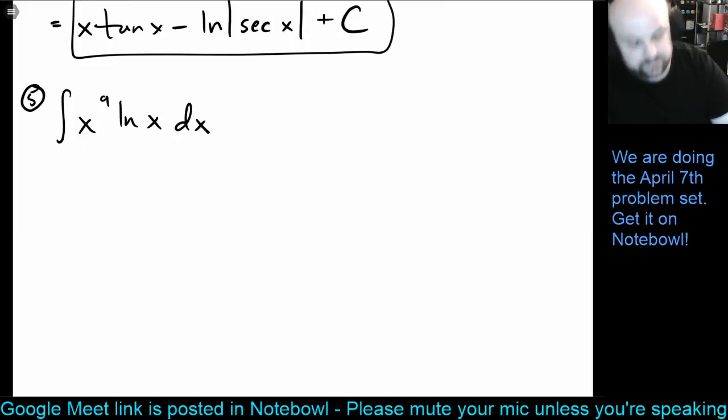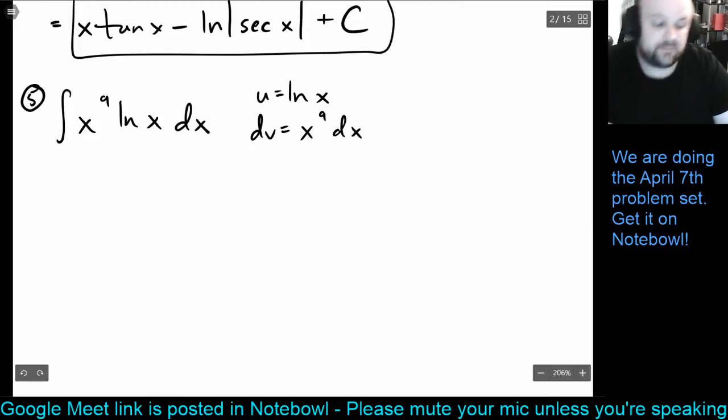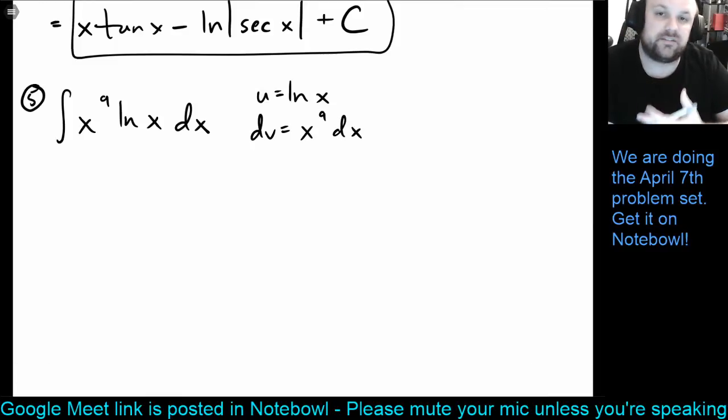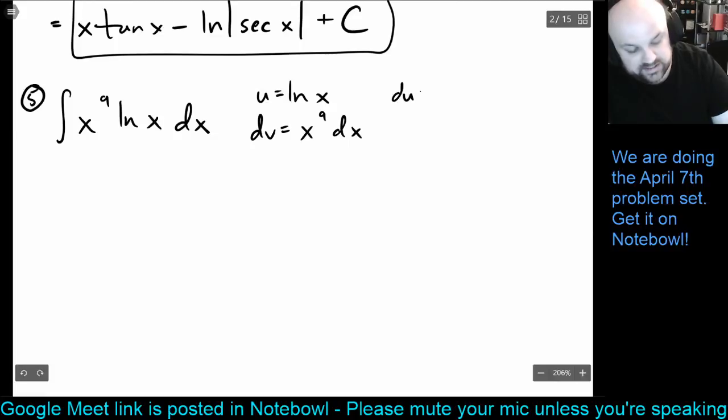So u is going to be ln x, dv is going to be x to the 9th dx, because again, the logarithmic part shows up first in that acronym. Right? So we differentiate u. du is 1 over x dx. For v, we need to integrate this, so we actually get 1 over 10 x to the 10.